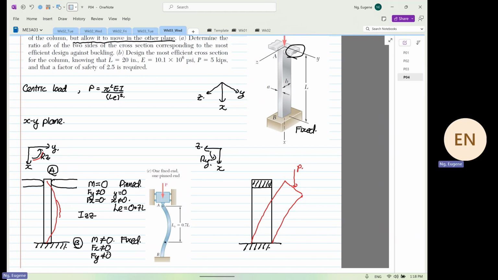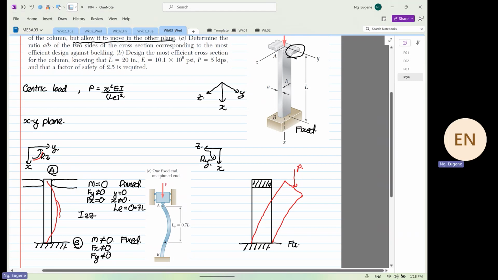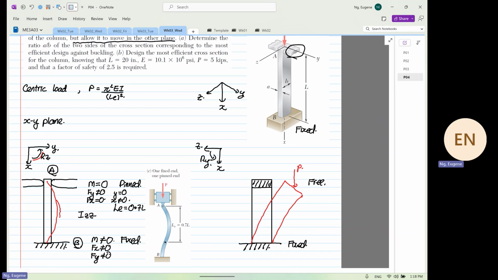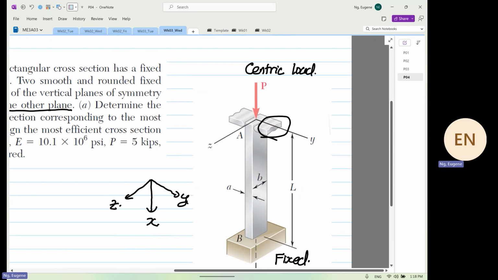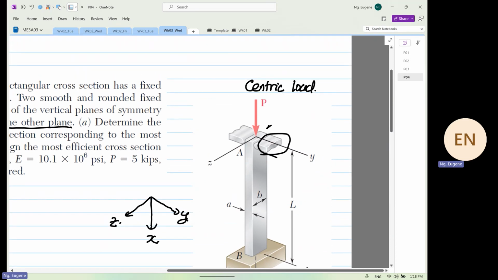So for this case, over here, this is still our fixed, but the other end is our what? Free, yes or no? Because if we were to zoom in at point A, the structure can move where? It can move left and right, right? So it's free.